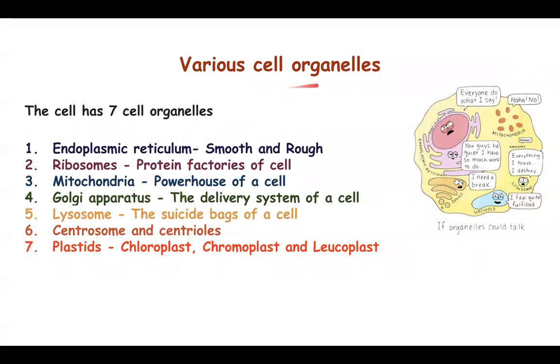Before you move on to studying about them, you need to know what cell organelles are. The cell is said to be made up of a number of living components. The living components of a cell are called organelles.